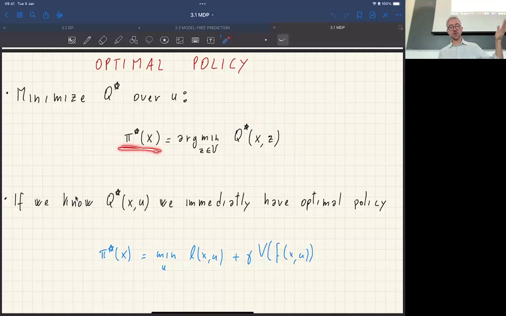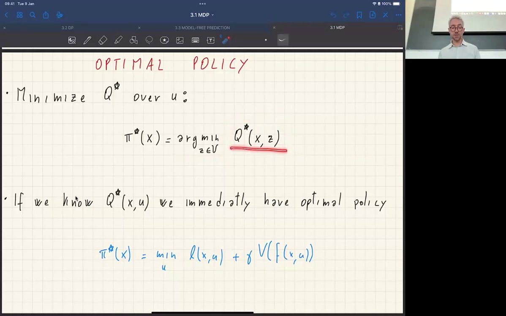So pi star is our true objective. And this tells us that if we manage to get Q star, we're very close to getting pi star, because then we just need to find the minimizer of Q star.